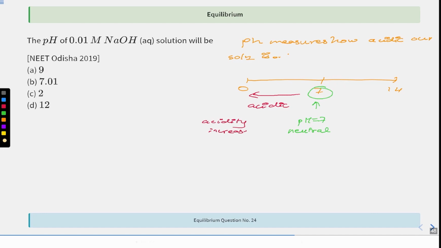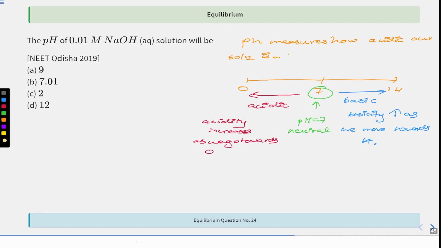On the other hand, if we see this side, it is basic. And basicity increases as we move towards 14.